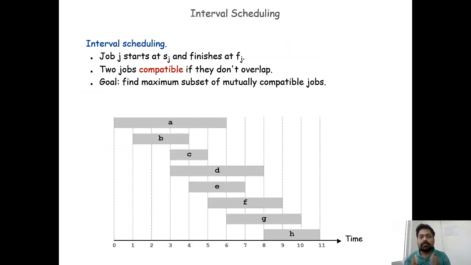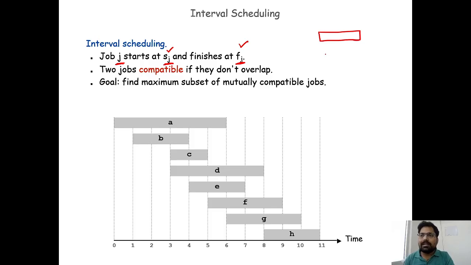As per the book, we should know the key terms that we are using. In interval scheduling, let us start a job with j. The job j has a starting time s of j, and it finishes at f of j, which is the finishing time of j. The job or task could be anything.